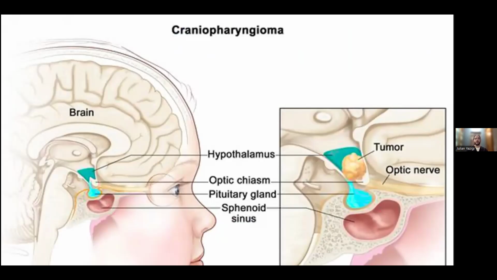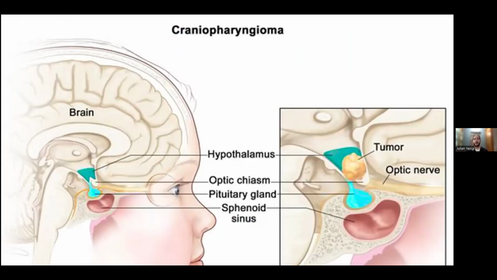Additionally, there are disturbances in circadian rhythm, sleep regulation, thermal regulation, and behavior, reflecting involvement of multiple hypothalamic nuclei. Posterior pituitary involvement usually leads to arginine vasopressin deficiency, resulting in diabetes insipidus. This may present preoperatively or even develop postoperatively, particularly if the stalk is transected or the posterior pituitary is damaged.